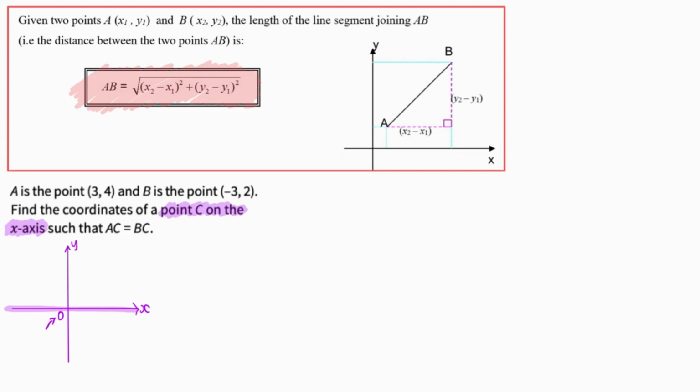This means that we could, for a start, let P, 0 be the coordinates of point C. Okay.